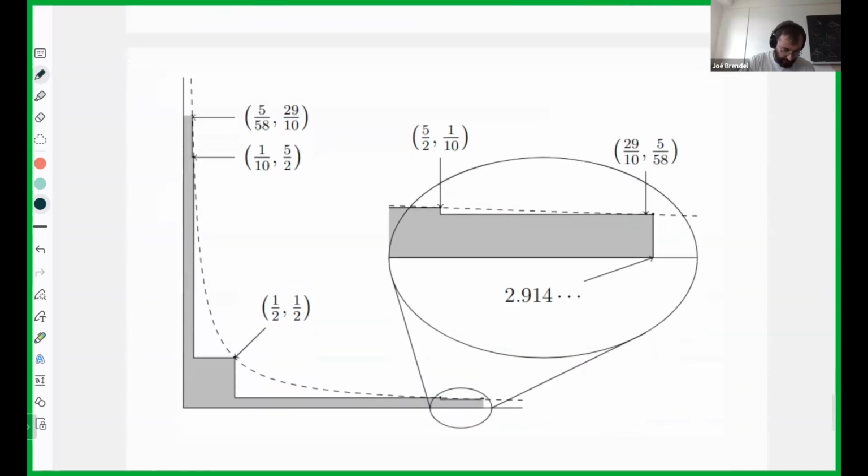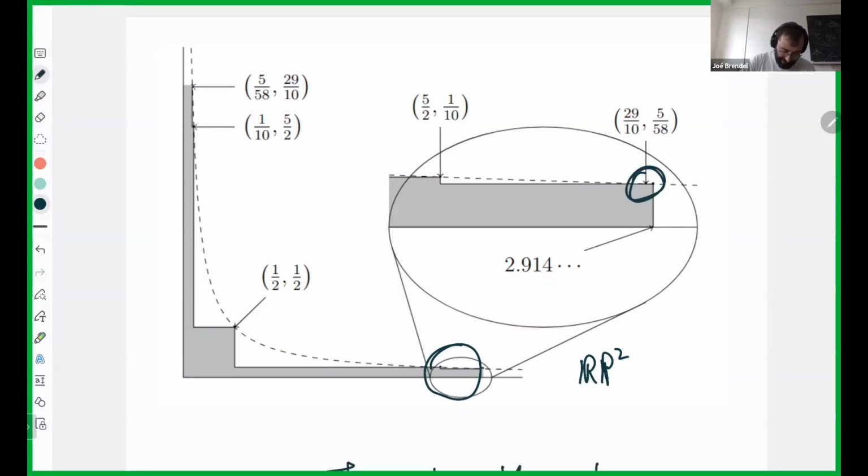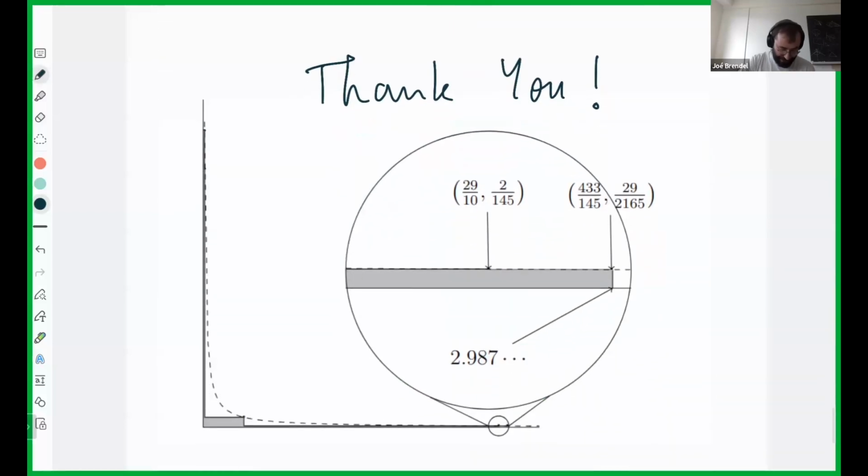There are just two pictures that I would like to show. So this is the staircase of the RP2 ellipsoids at scale. So it's very extreme. You have this one big step in the middle, and then you have to zoom in quite a lot to see the second steps, and they accumulate extremely quickly at the limit. And for higher ones, it's even worse.